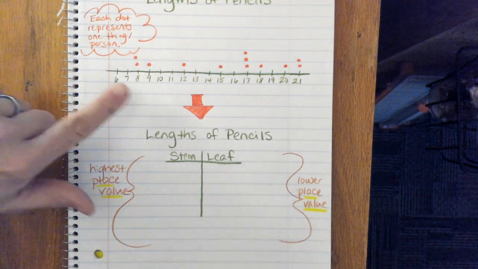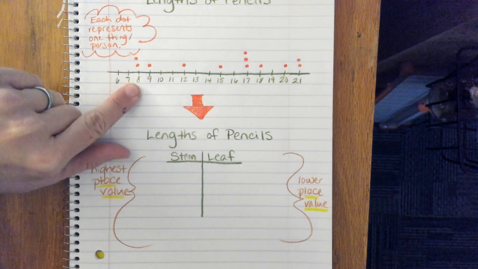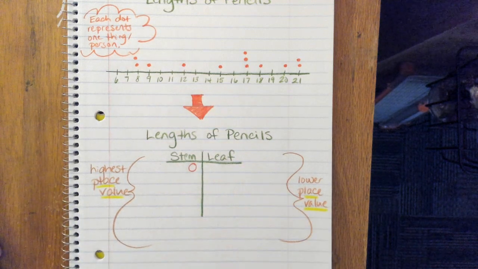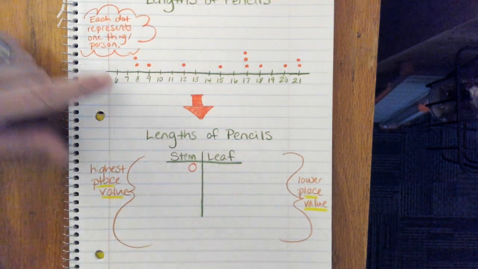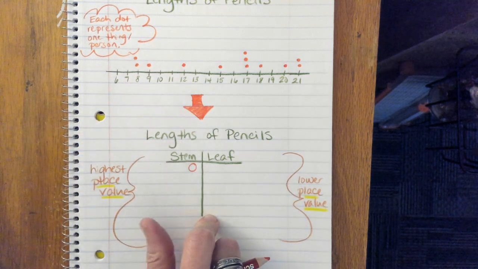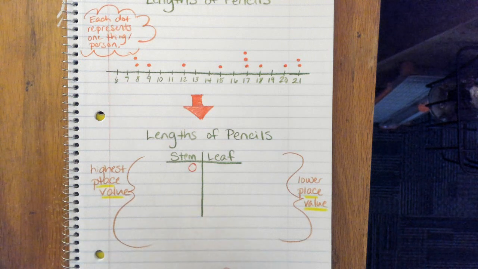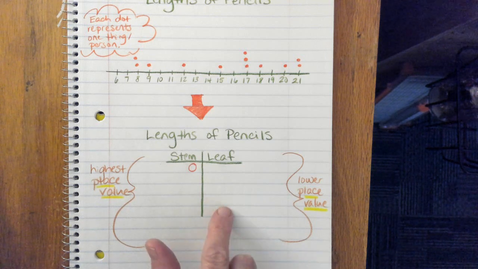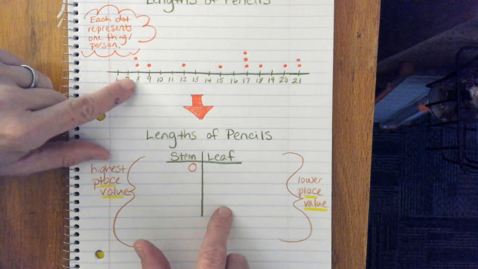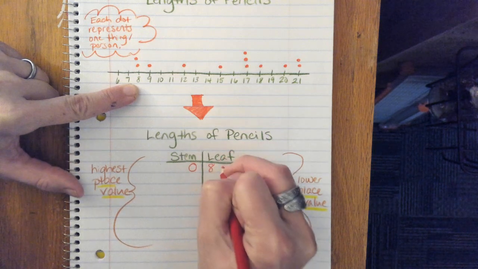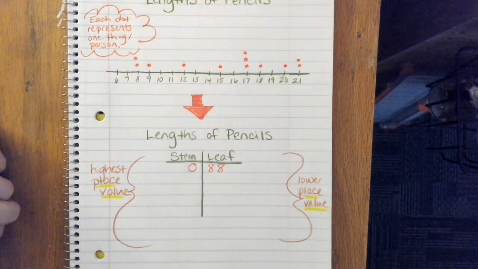And I look at my numbers, and the number 8 has 0 tens. So my first stem is 0. And then the leaf is the lower place value, the ones place. If I had measured things to the nearest tenth, the tenths place could be my leaf. But in this case, it's the ones place. And because I have 2 8s, I write 2 8s as leaves.